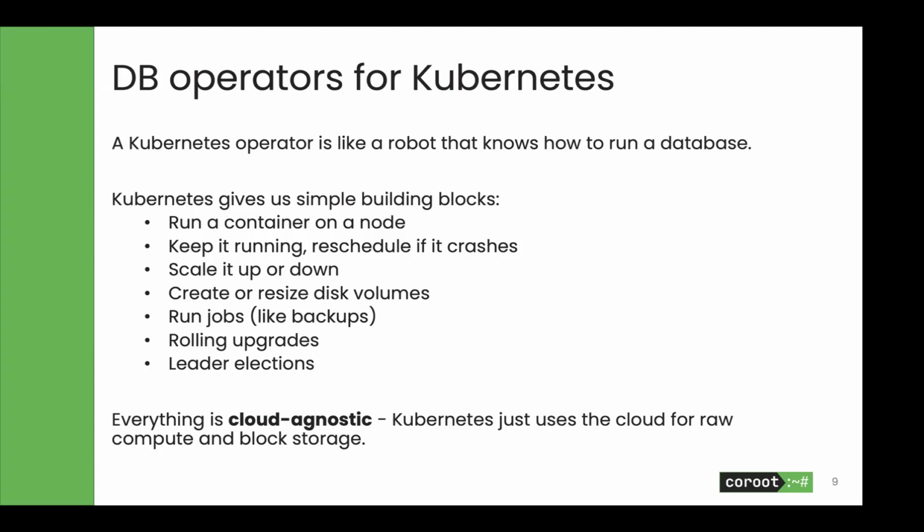For example, our code can ask Kubernetes to run a container somewhere, and Kubernetes will schedule this container to a node with enough resources. It will connect a volume if necessary. It can easily scale up and down. It also can handle everything related to volume resizing, and it can schedule cron jobs, for example, for backups.